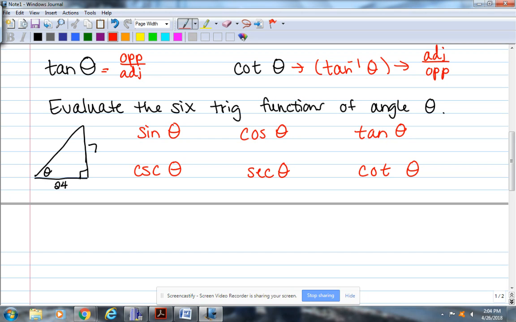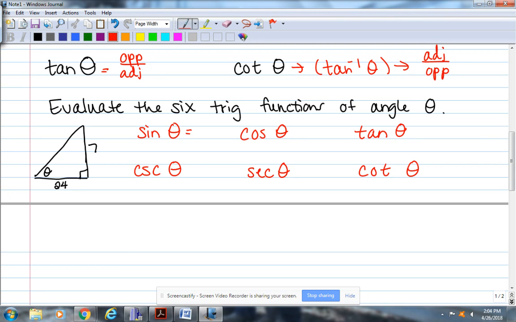So sine theta is going to be what over what? Opposite over hypotenuse. Now, we don't have the hypotenuse in our triangle.